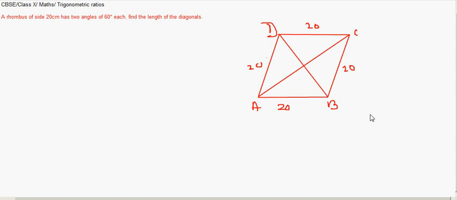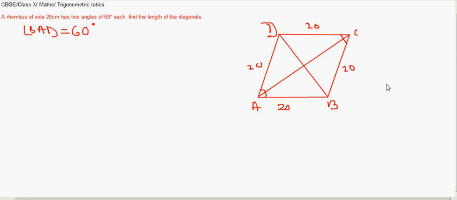Now, which two angles do we take to be 60? Let us take BAD to be 60, and another angle we can take is BCD to be 60.